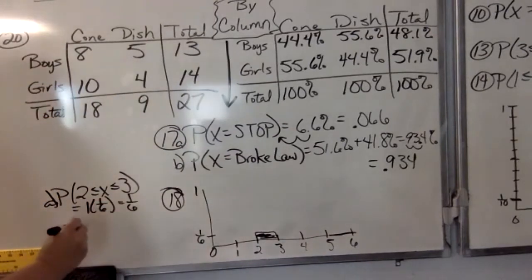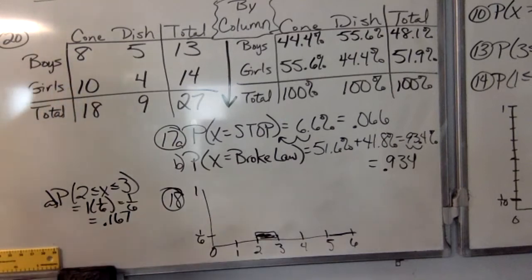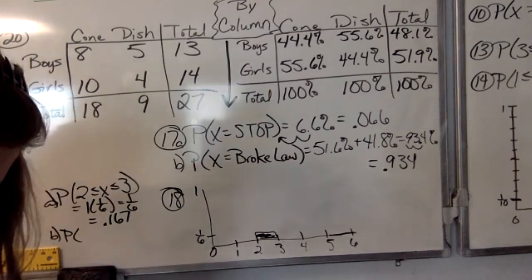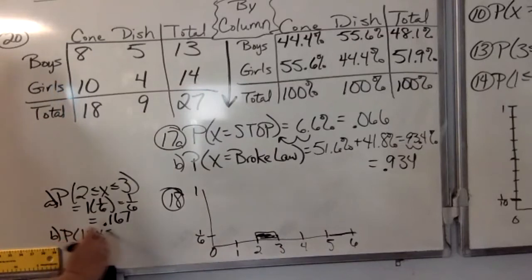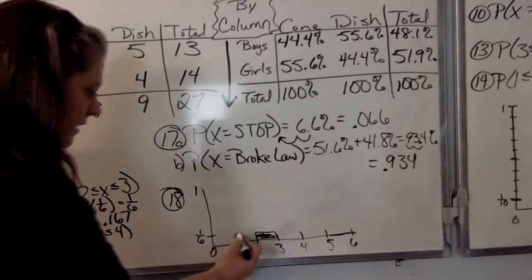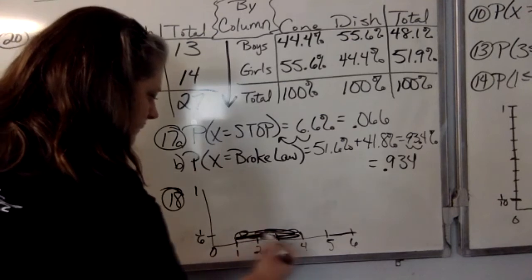It's 0.167. Now for part B, it wanted to know the probability of it being between 1 and 4. So if it's between 1 and 4, that's from here all the way down to there. So how many sections do I have this time?